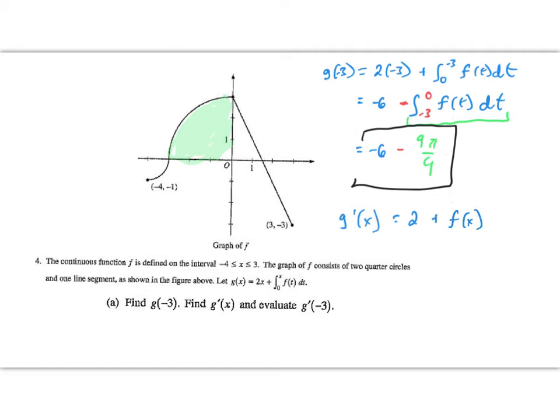So now, to find what g prime of -3 is, it's going to be 2 plus f of -3. I know what 2 is, but how do I get f of -3? I'm going to get it from the picture here, and f of -3 occurs right at this specific point, right there. So f of -3 is 0, and therefore we should end up with 2 as our answer for that particular part.